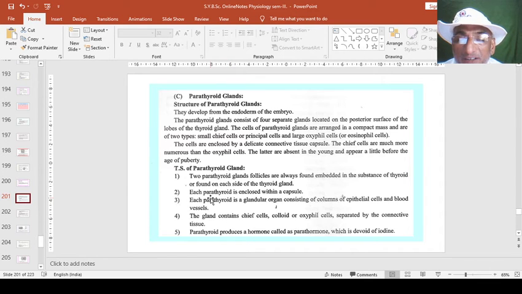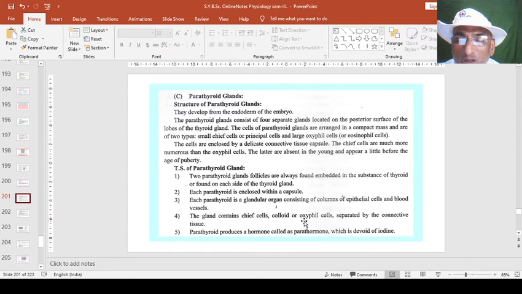Each parathyroid is enclosed within a capsule. Likewise, thyroid glands are also enclosed in a capsule. Each parathyroid is a glandular organ consisting of columns of epithelial cells and blood vessels. The gland contains chief cells, like the thyroid cells, but here they are known as chief cells.